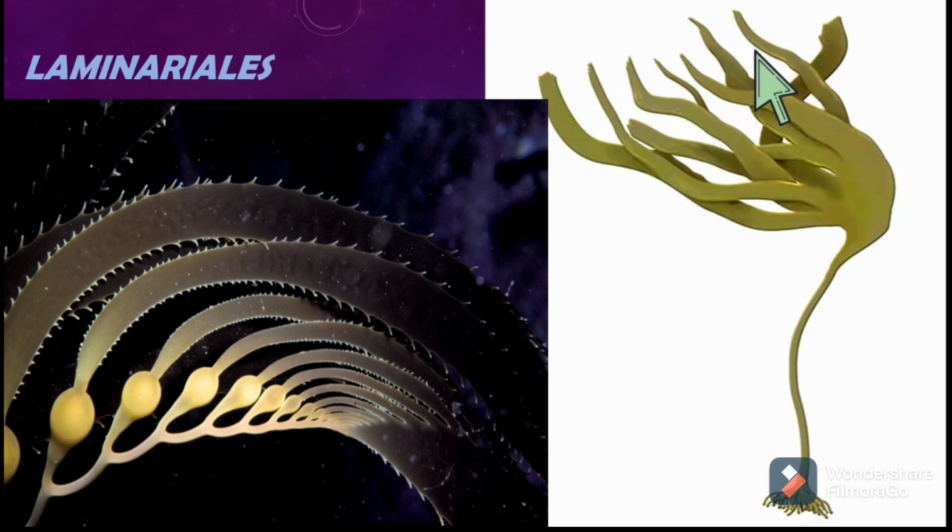So this is known as the blade or lamina, which is flattened, and this is known as the stipe, which is cylindrical. The base of the stipe gives rise to a branched holdfast, just like rhizoids here in the lower portion, which helps in attachment.